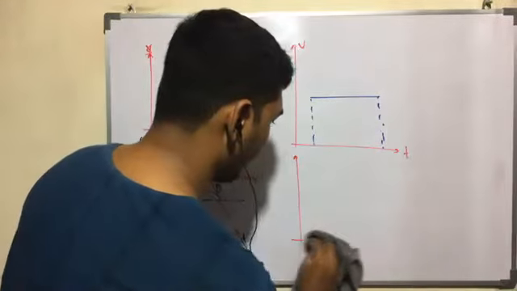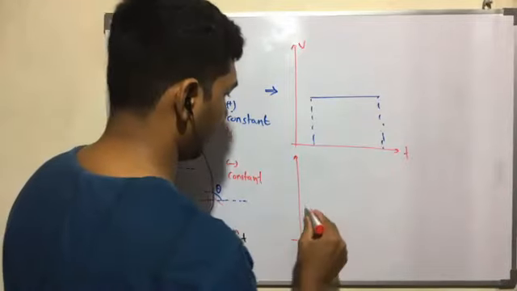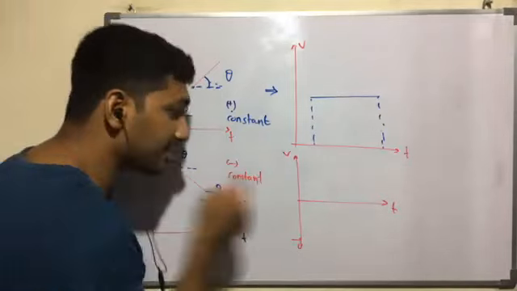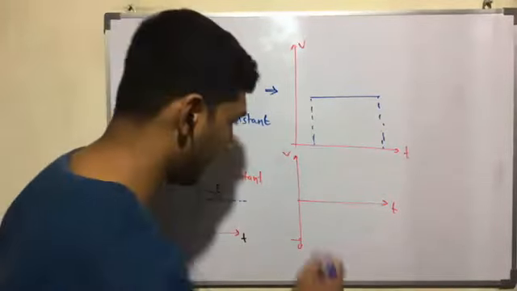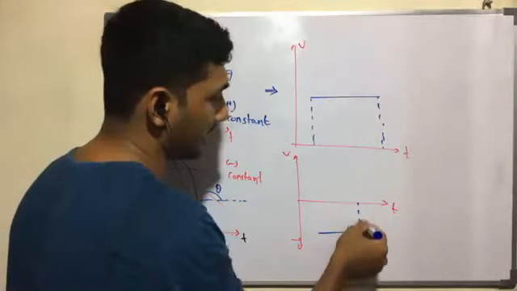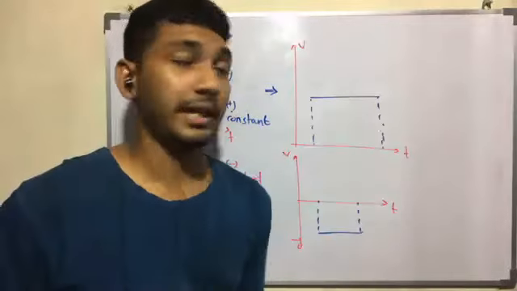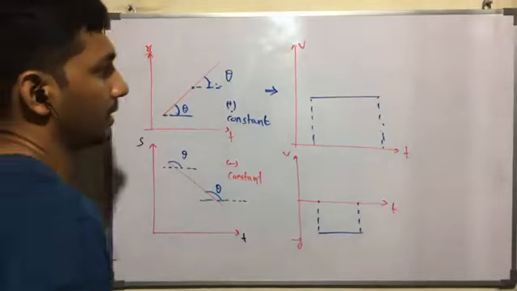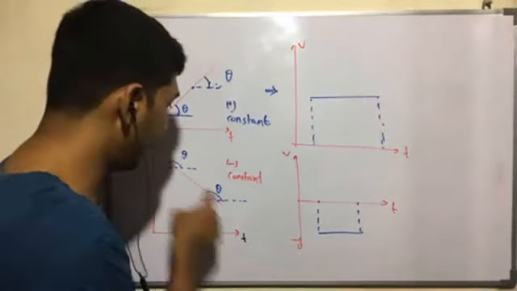So how will we draw the VT graph? Here on the negative side, you have to draw a constant graph. Okay, clear? You have to find out the variation.